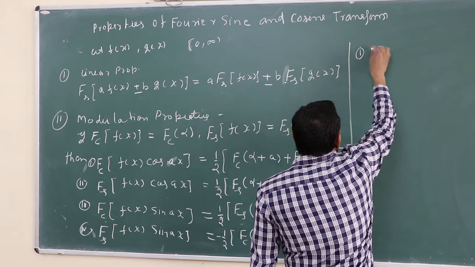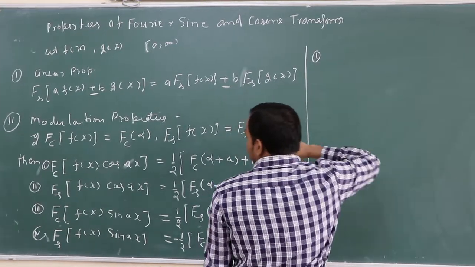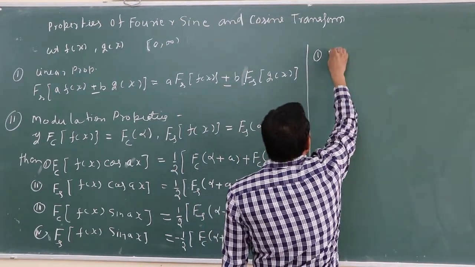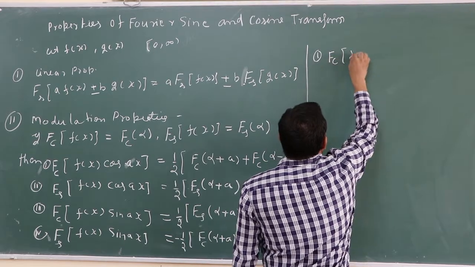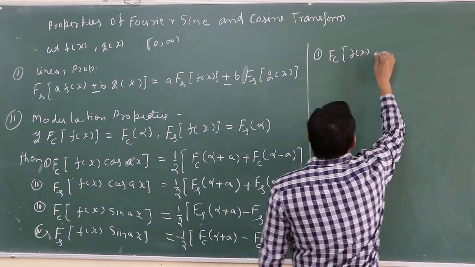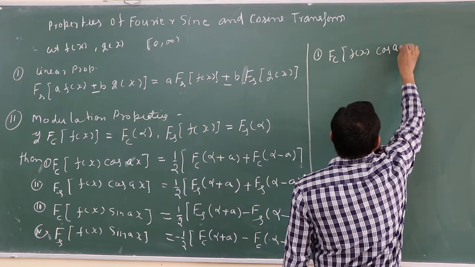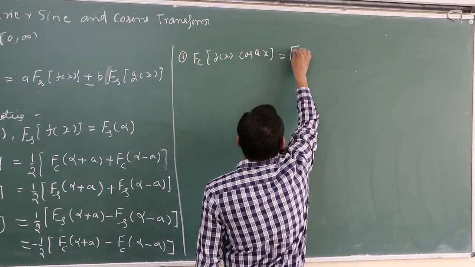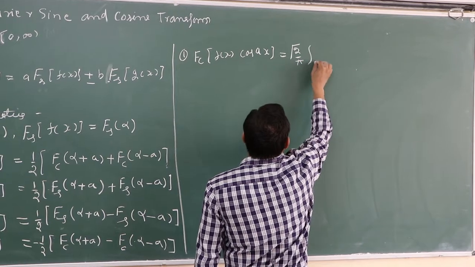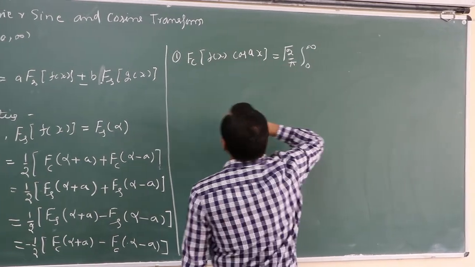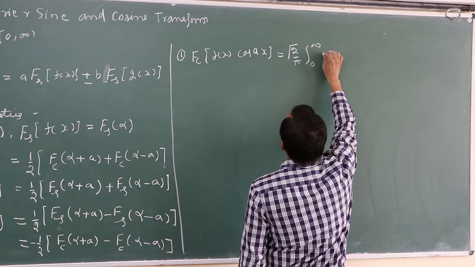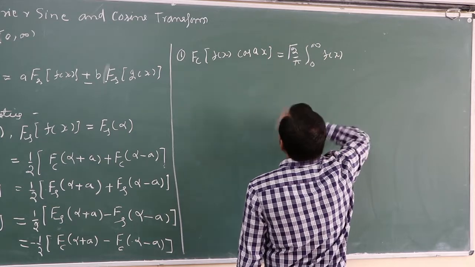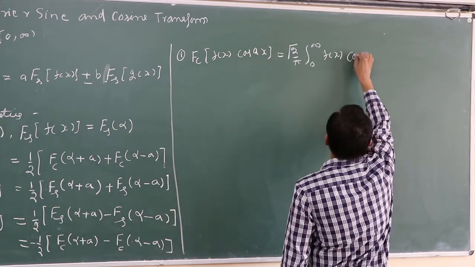We want to prove the first one. The Fourier cosine transform of f of x cos ax, by definition, is under root 2 upon pi, integral 0 to infinity of f of x cos alpha x cos ax dx.